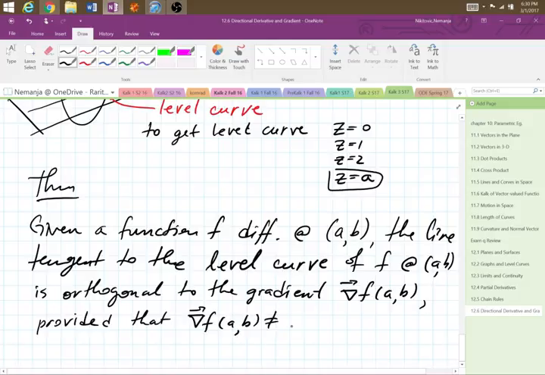The gradient. That's why I'm writing it now. That's okay.